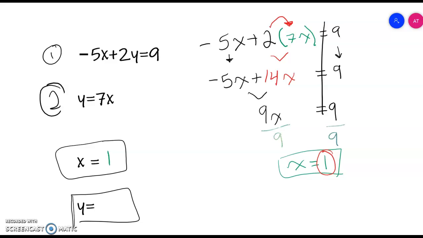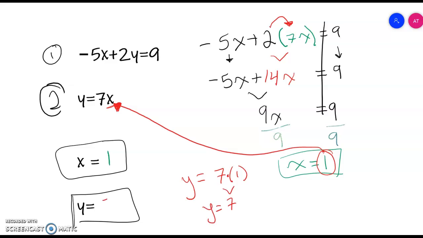The second one, right? You can honestly plug it into whichever equation. I just prefer to get the answer a lot faster and not have to subtract or anything like that. So I'm going to take this 1 and plug it in for this x. I have y equals 7 times 1, which is just what? 7. So my y equals 7. That's where it hits my y-axis.